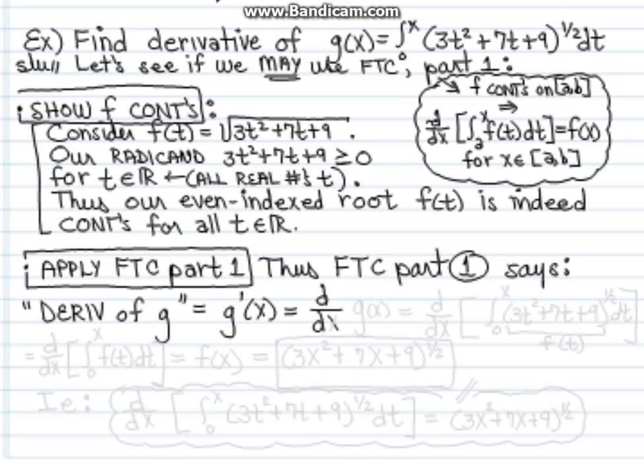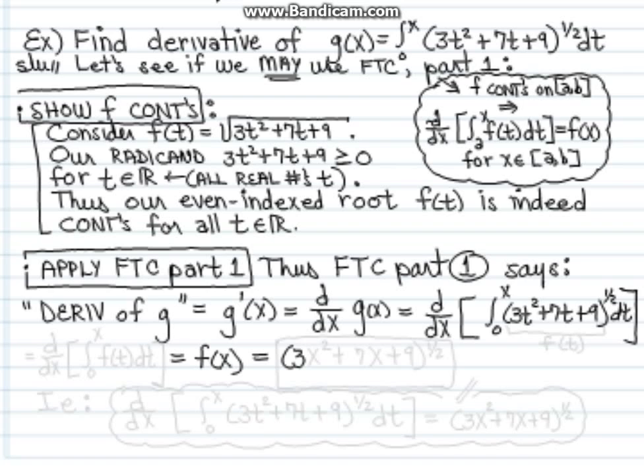That's a way of writing it. Another way of writing that, d dx of g of x, which is, replace g of x with what we have. It's d dx of the integral from 0 to x of (3t squared plus 7t plus 9) to the 1/2 power dt. And that is equal to, well, let's go back. It's actually equal to f of x.